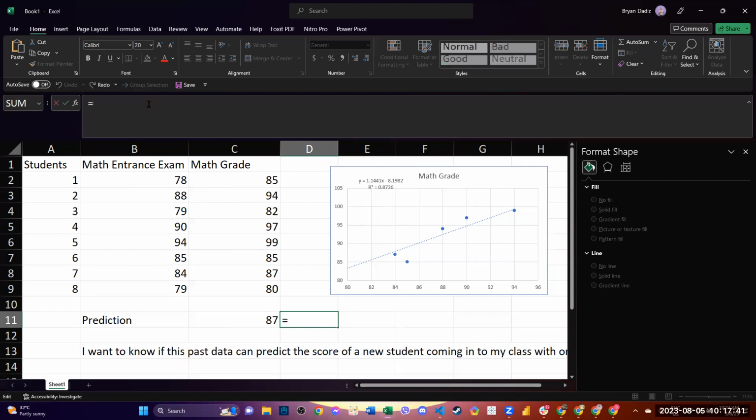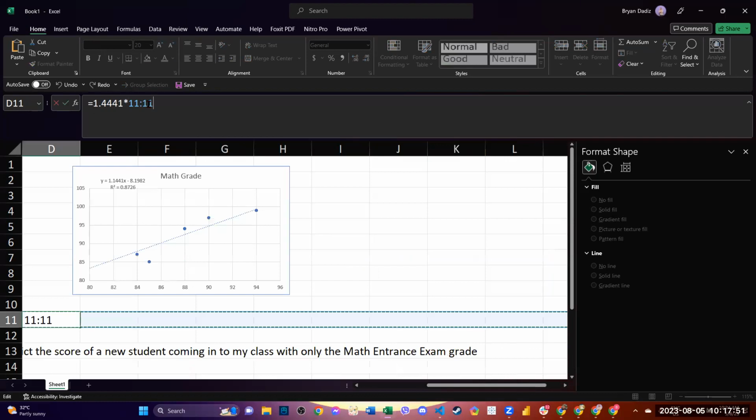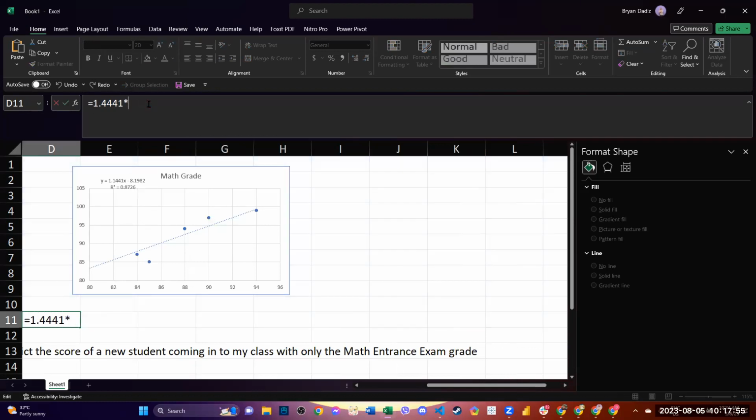So using this formula, 1.4441 multiplied by 87 minus 8.1982.